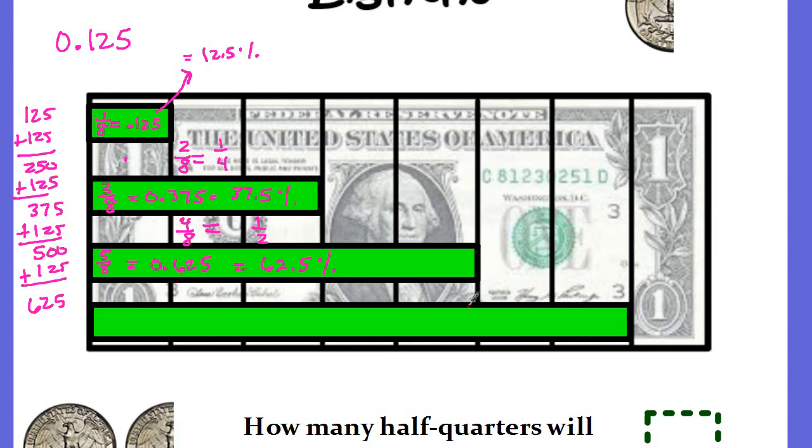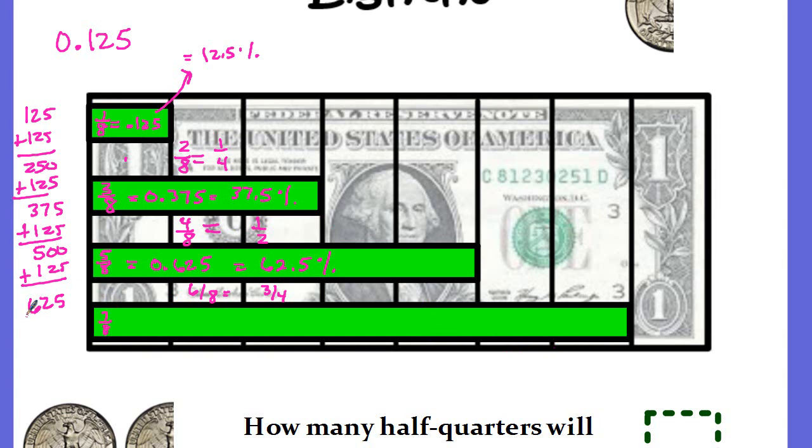If we were to add another eighth, it would give us 6/8, which simplifies to 3/4. 3/4 is how much money? 75 cents, 75%. And then add another eighth, and that's going to give you 7/8.